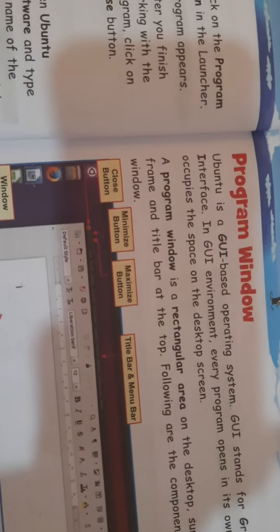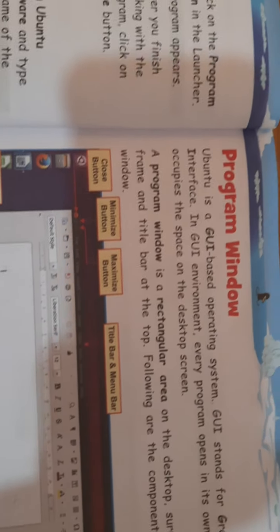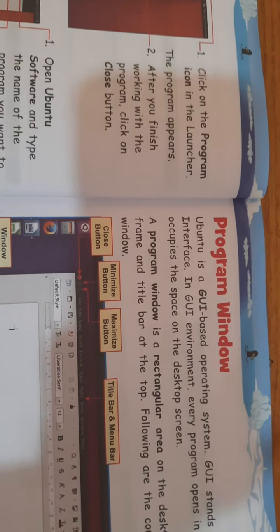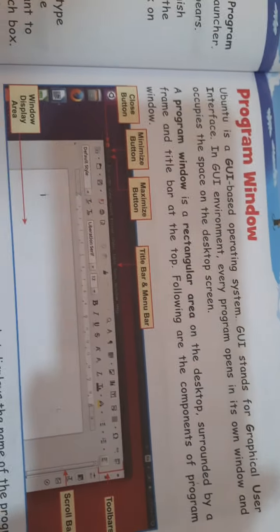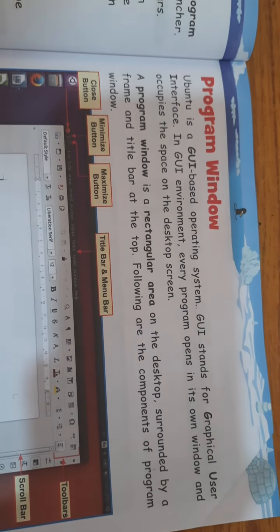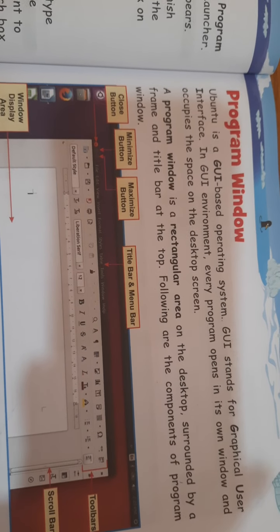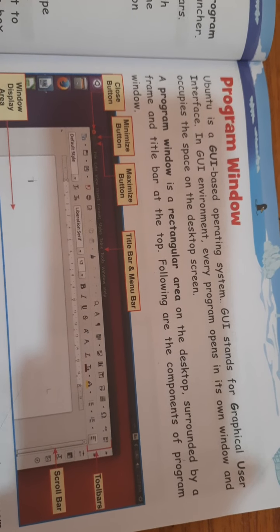Now the next is page number 35, program window. Program window means the window on which you have to work, right? So the different icons and buttons you have on the program window, you will learn now. Ubuntu is a GUI based operating system. GUI stands for Graphical User Interface.